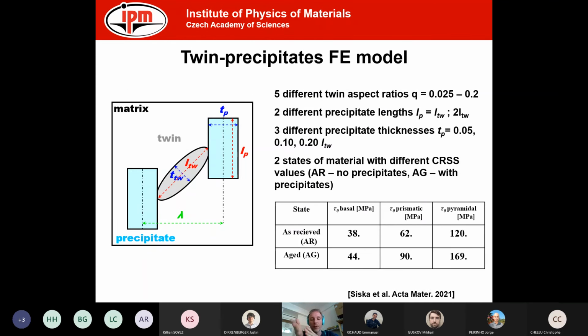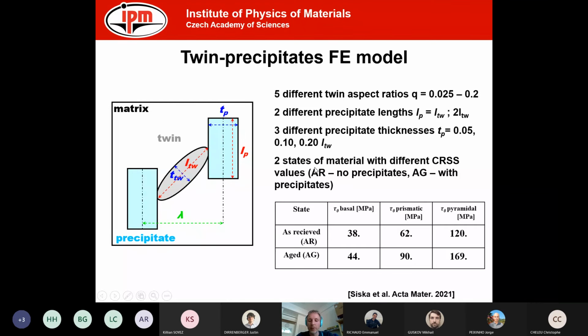So we created a similar model. It's basically the extension of our previous model. We just added two precipitates ahead of the twin, and we apply the same conditions of the external stress and the internal twin shear. We had 5 different twin aspect ratios, 2 different precipitate lengths, and 3 different thicknesses.